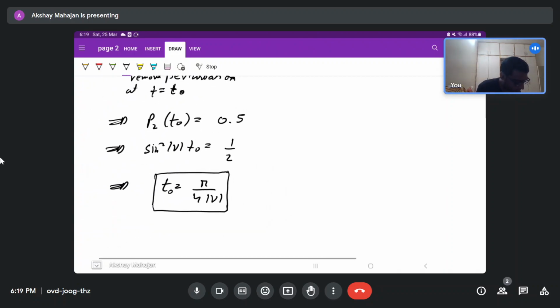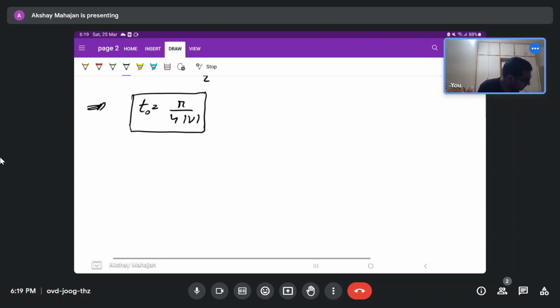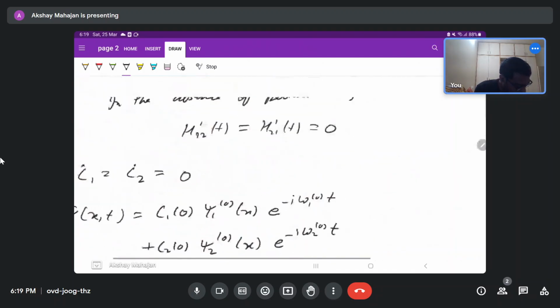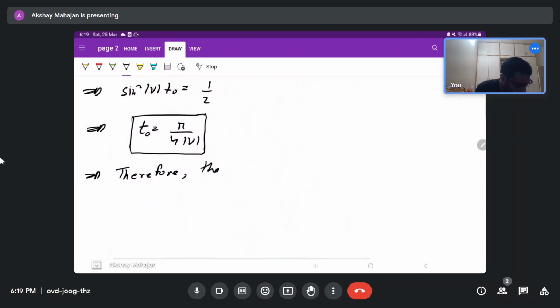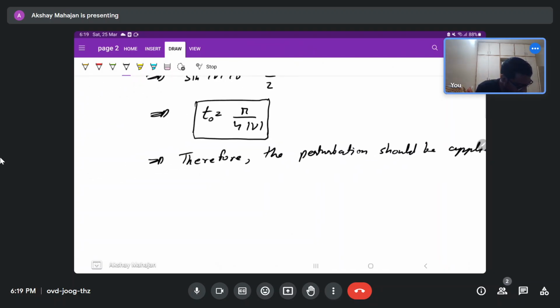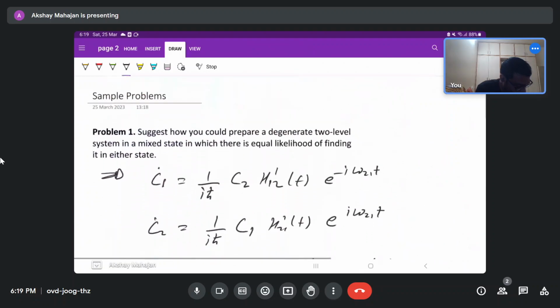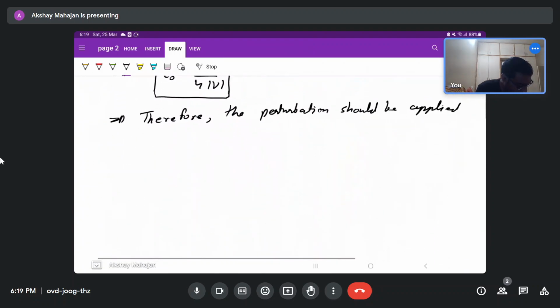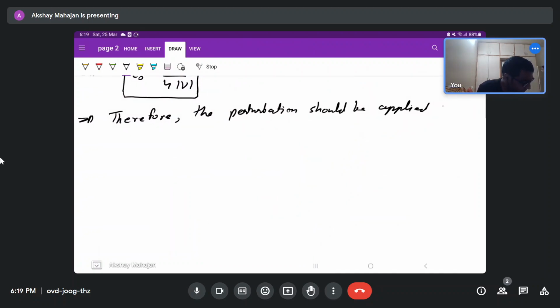So from here we can write it as, therefore, using this, the perturbation should be applied to a system that is known to be in state 1 initially.